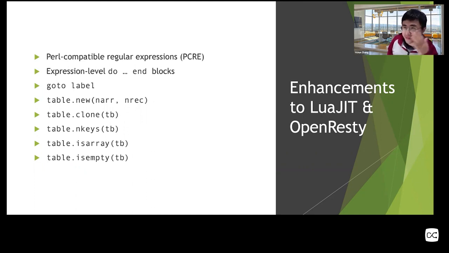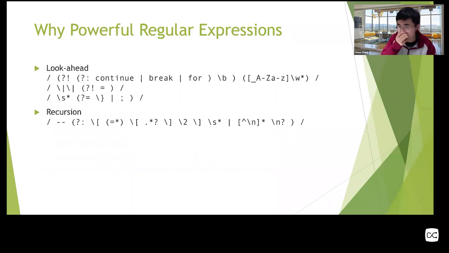Okay, so there are many such things to make lives easier and also make the DSL compiler's Lua output more efficient. Okay, and regular expressions. Lua's own regular expression is slow. It's the interpreter per se. It doesn't even come with a JIT compiler, not even in LuaJIT, and it's also limited. It's useful for 90% of the use cases, but for the remaining 10%, it's very limiting.